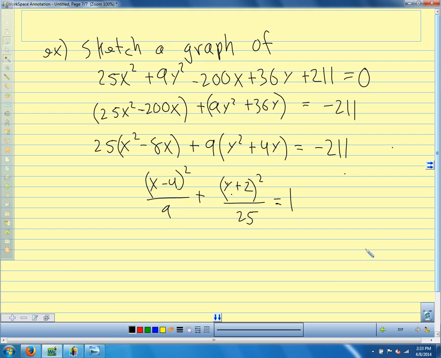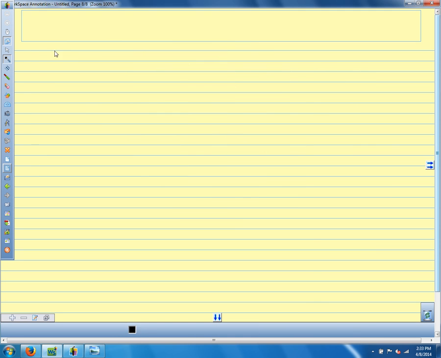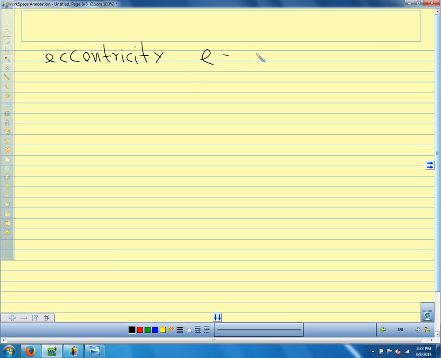All right. One last piece of information. We're going to define the eccentricity of an ellipse. e equals c over a. And the eccentricity tells us how much different from a circle our ellipse is. And our eccentricity is going to be between 0 and 1.